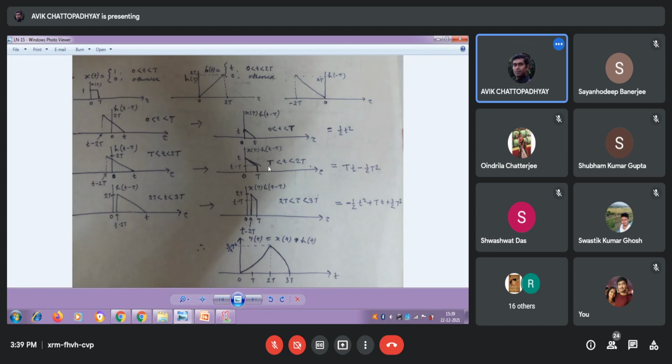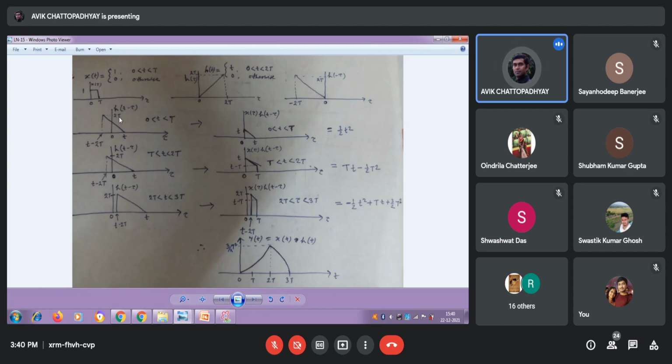Now T to 2T. At this point, this T crosses the width of this signal and goes outside the window. Whenever the tailing part of the signal goes outside T, we have to discard it. So naturally, the shape will be something like a triangle.